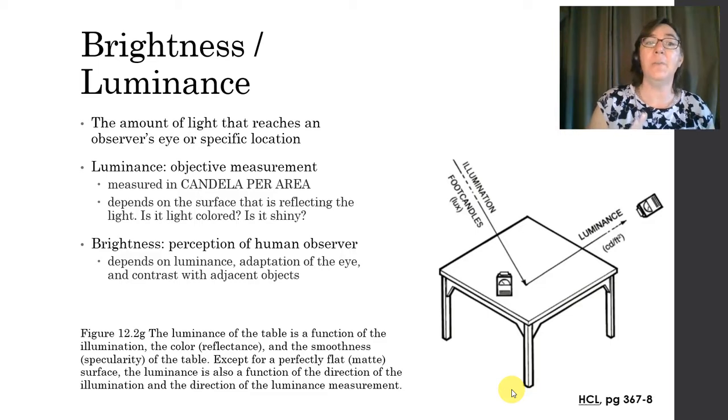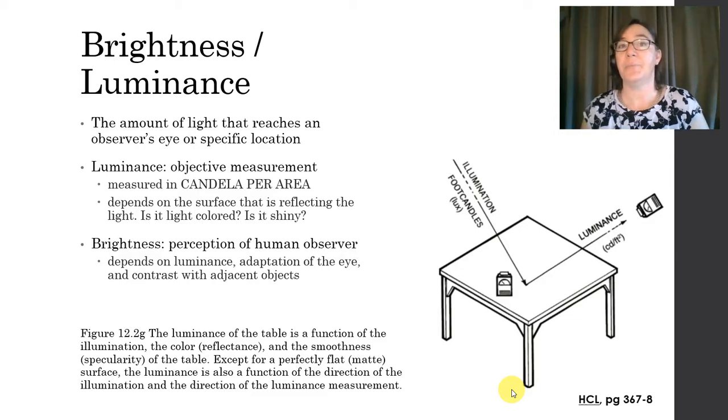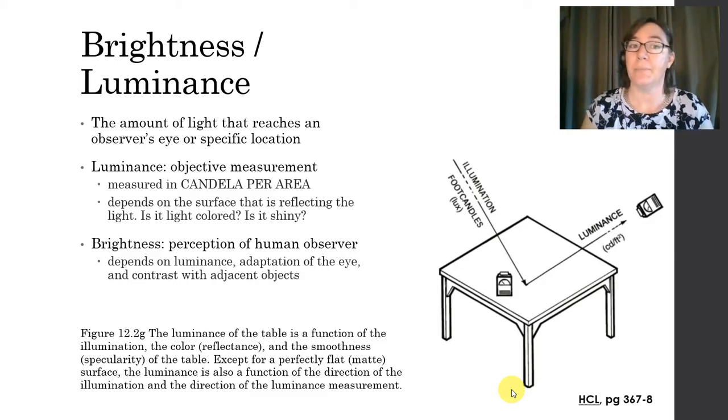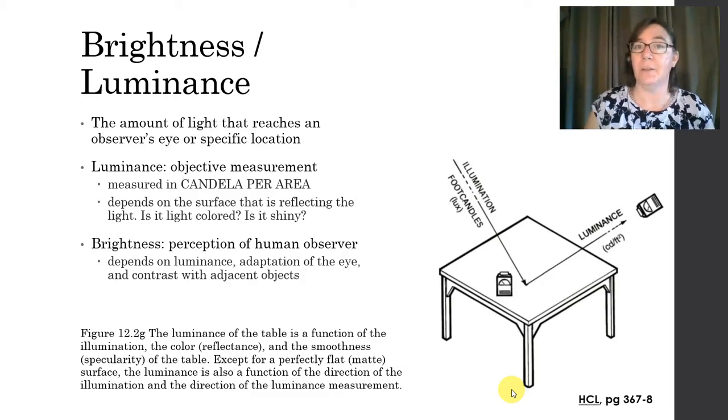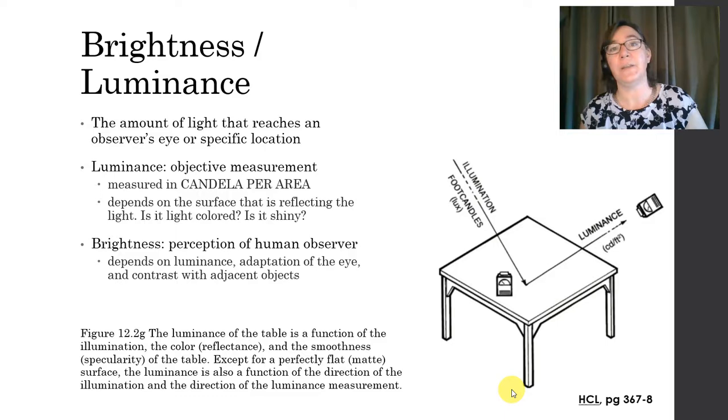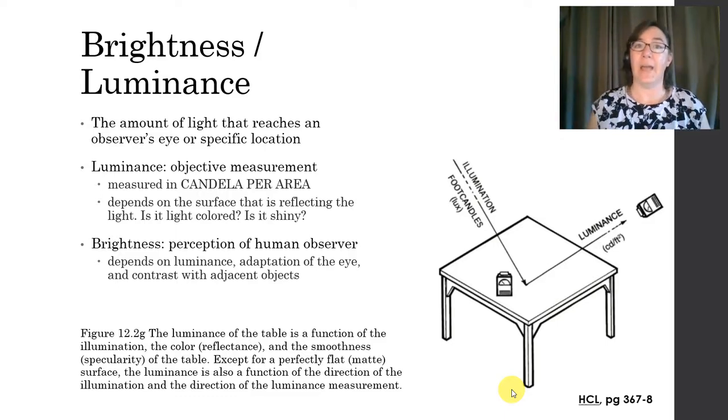So let's talk about luminance first. It's an objective measurement, and it's measured in candela per area. Luminance depends on the initial illumination, how many foot candles are being provided, and it also depends on the surface that's reflecting the light.